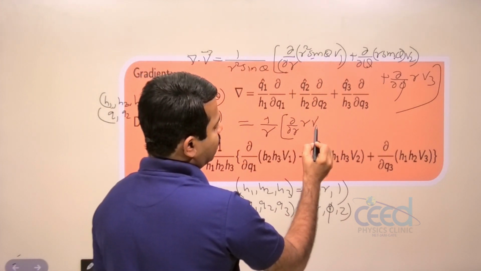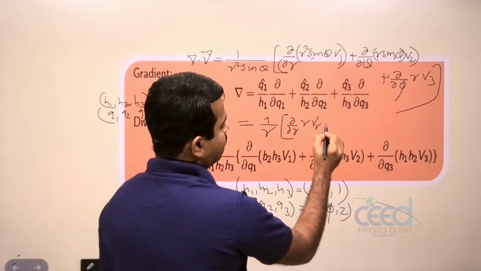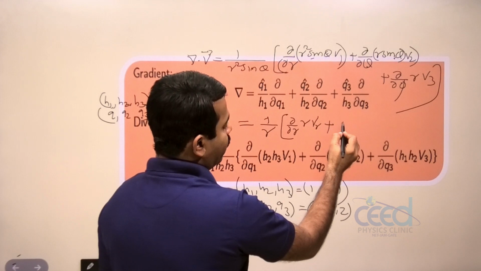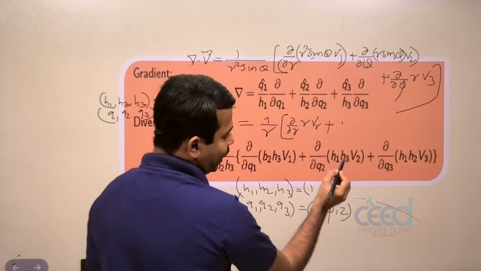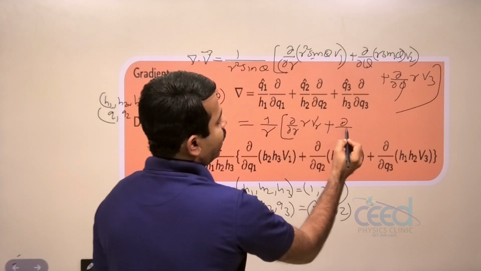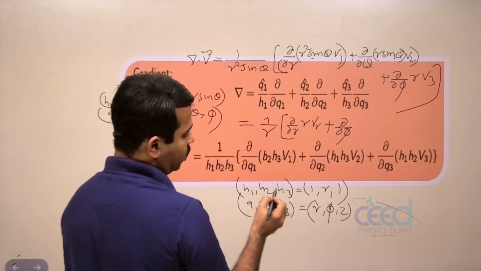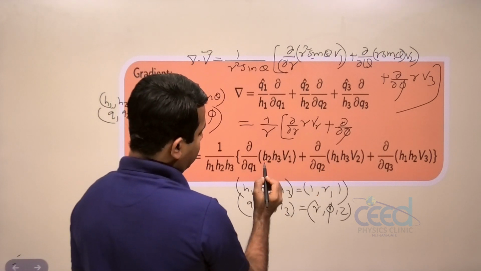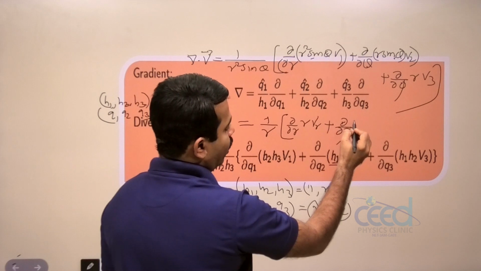V1, that means VR. Alright, plus next is plus dou by dou theta, because here you have to apply H1 H3, then dou by dou theta of dou by dou phi of H2 H3, right? No, H1 H3, that is 1 into 1, 1 only.